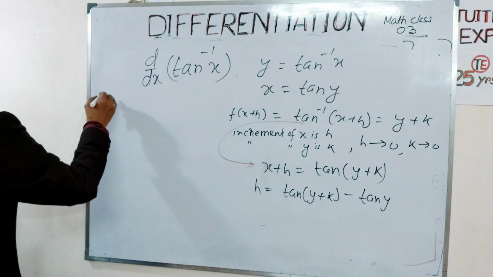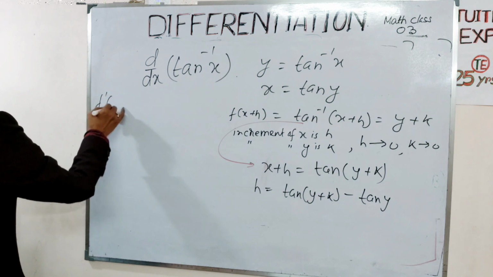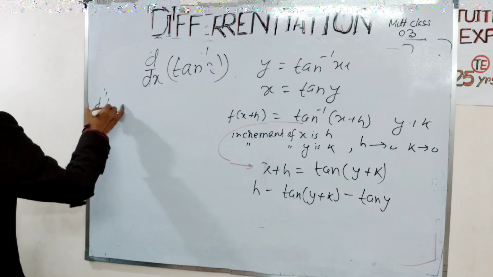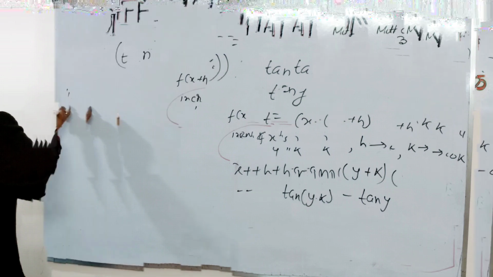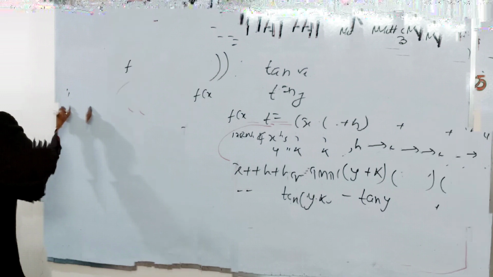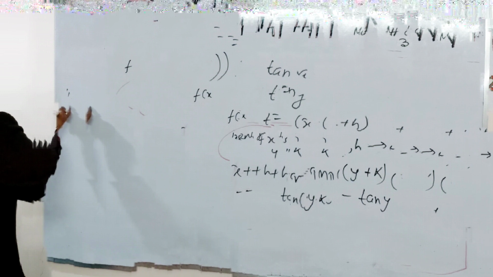Now f dash x equal to limit h tends to 0, f of x plus h minus f of x by h. This is the formula. What is f of x plus h?